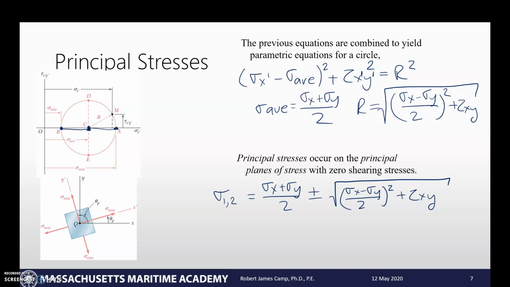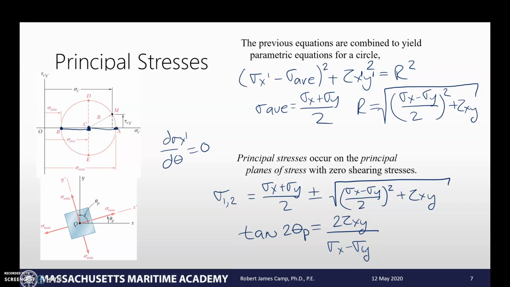Now we have two solutions for what the angle is, and we can work that out with geometry, or we can go back to, once again, just plugging in our solution for d sigma prime d theta is going to be 0, and what we'll end up with is our equation for tangent 2 times theta p is going to be equal to twice the shear stress over sigma x minus sigma y.